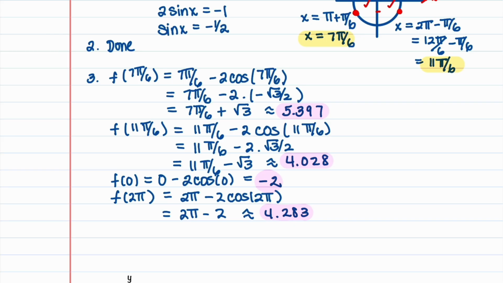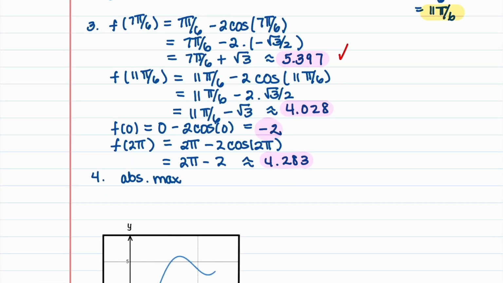Now, we're almost done. Our fourth step is to look at all 4 of the values that we highlighted in pink and see which is the largest and the smallest. The largest is this one right here. So we can say that our absolute max is approximately 5.397 at 7 pi over 6.